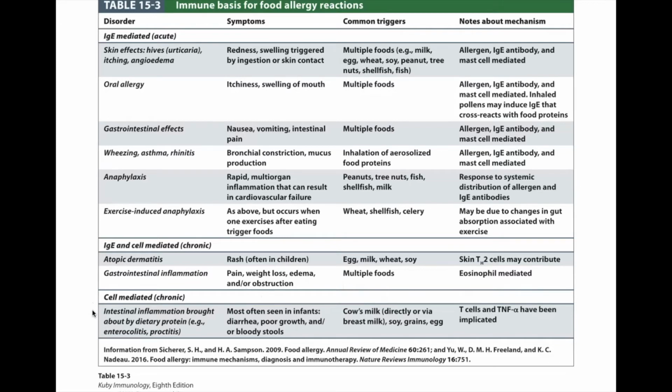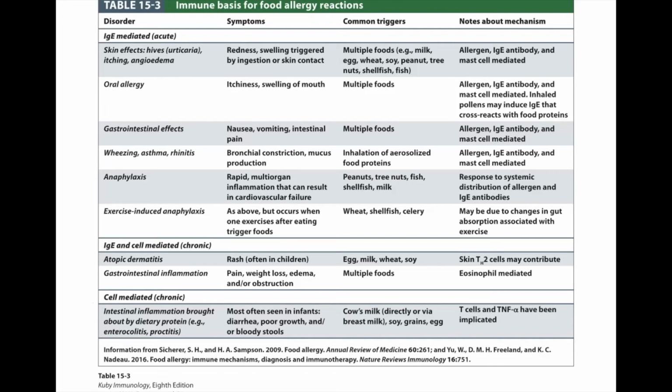Okay, and then lastly, this is where it is cell mediated, so we now have activation of T cells, and typically this causes intestinal inflammation. So we can have IBS-type responses when we have exposure to the allergen. This is seen a lot of times in young children with cow's milk.